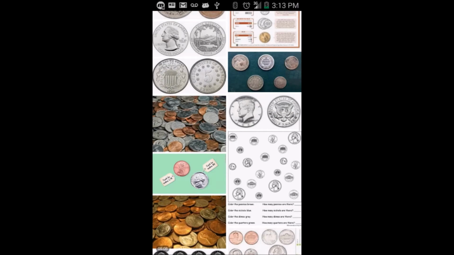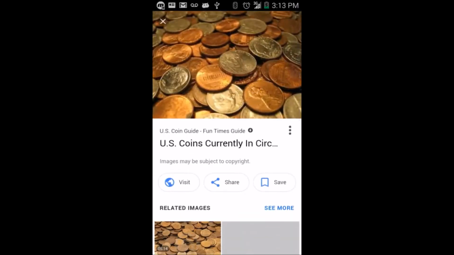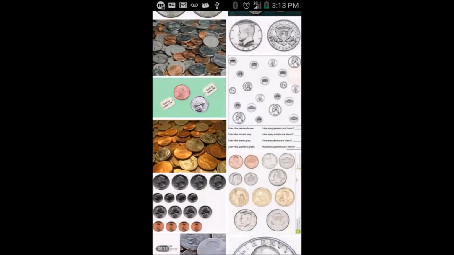Out of every last one of these United States coins dealing with currency, there is something very fascinating about the penny.